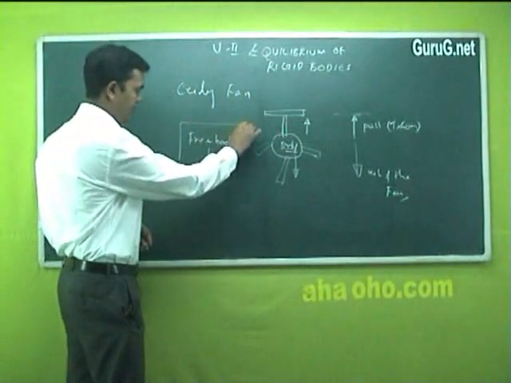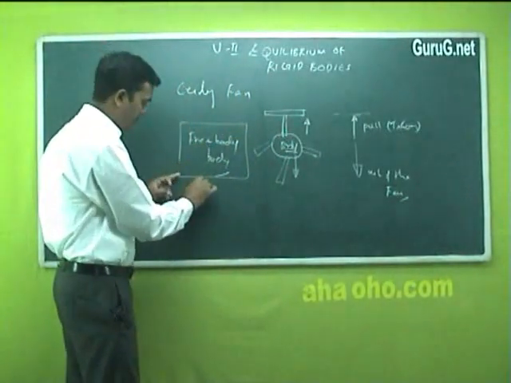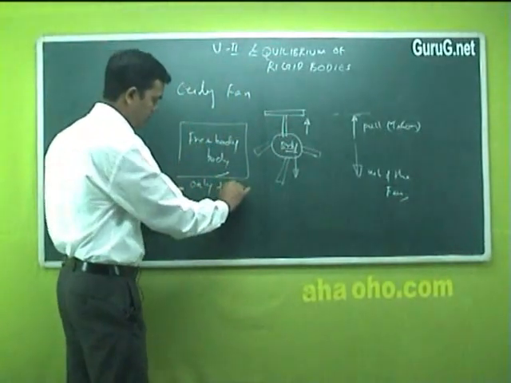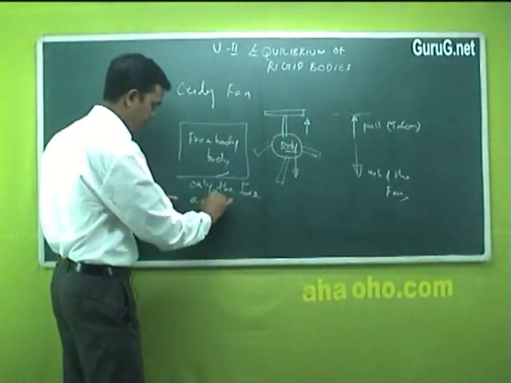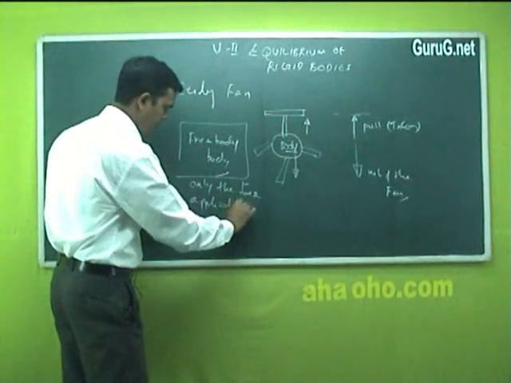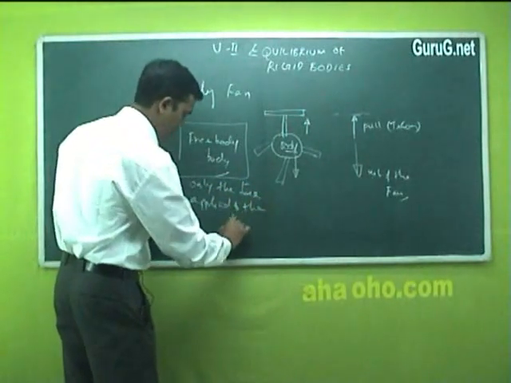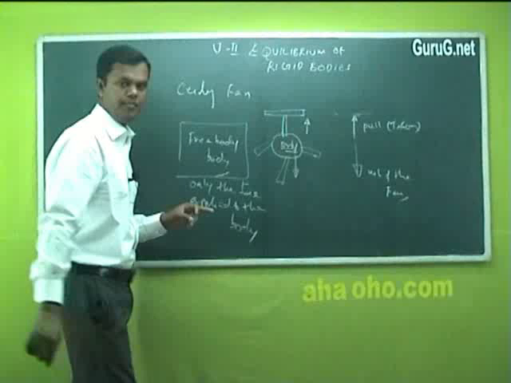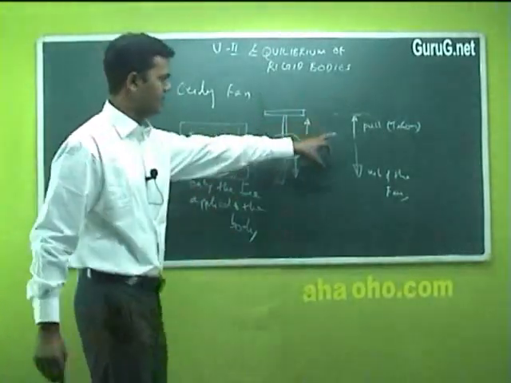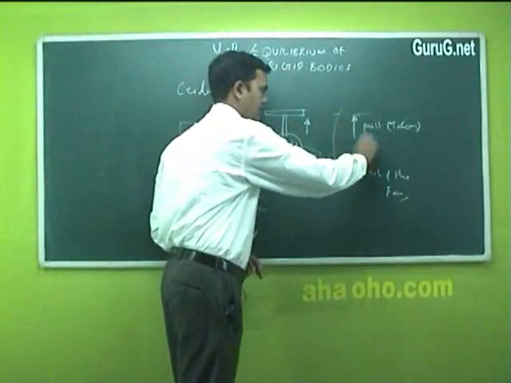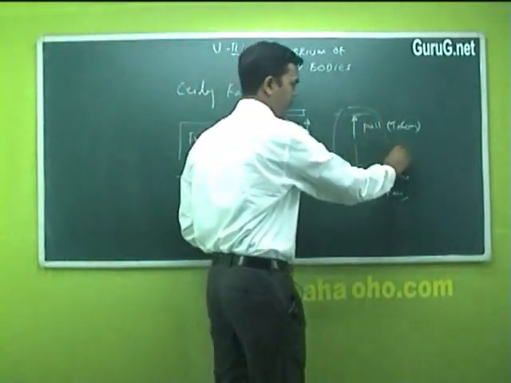So free body means we are considering only the forces applied to the body. Okay, so the diagram which shows that free body, with forces applied to the body, is called a free body diagram.